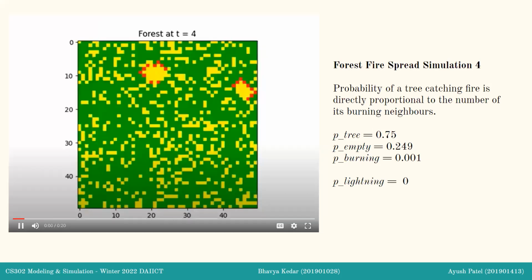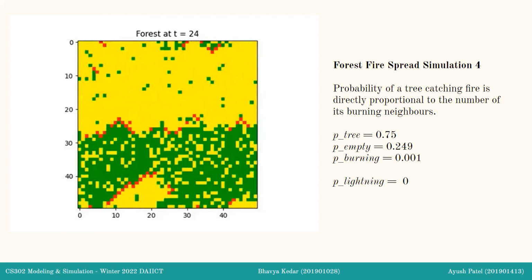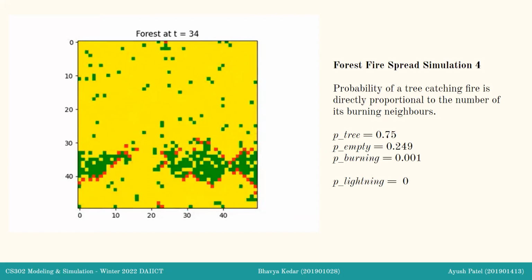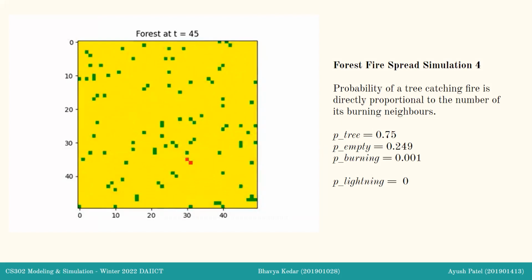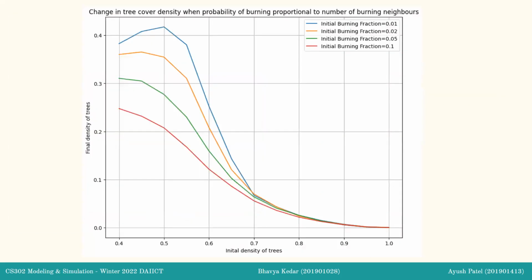And here is the simulation. As we can see, the number of remaining trees is higher at the end of the simulation when compared to the last simulation. And here is the graph of this simulation, which depicts that the trend is somewhat similar to the previous simulation.